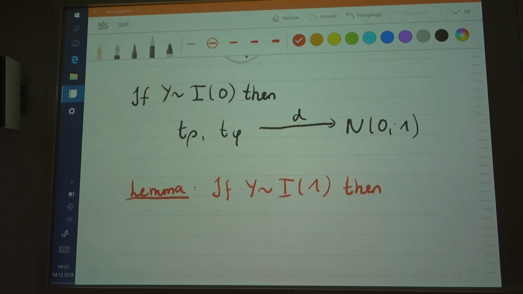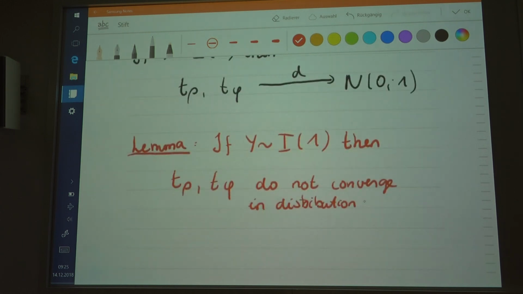So the test statistics do not converge in distribution to the normal distribution.